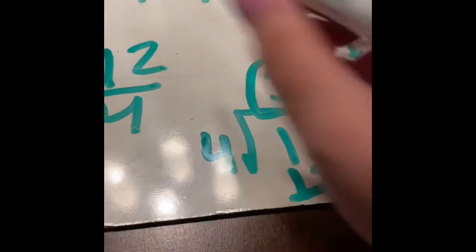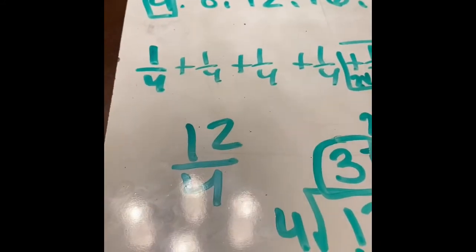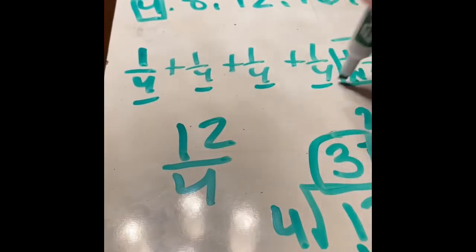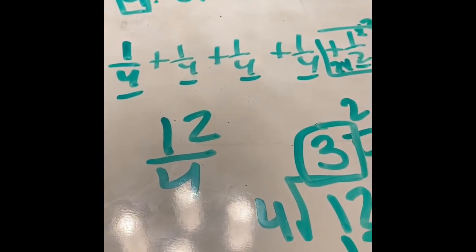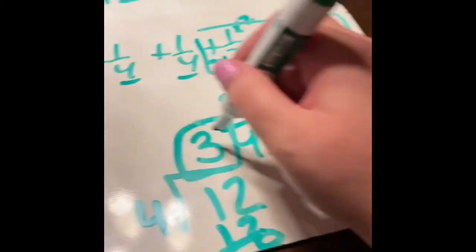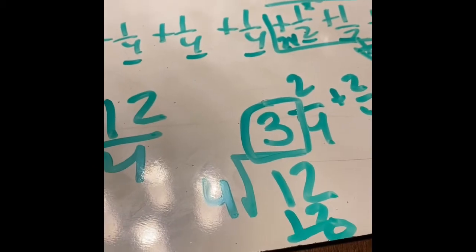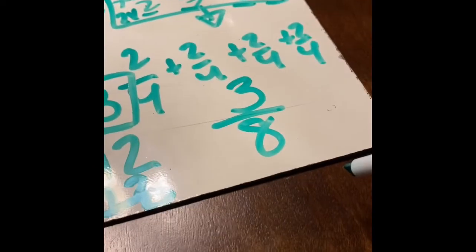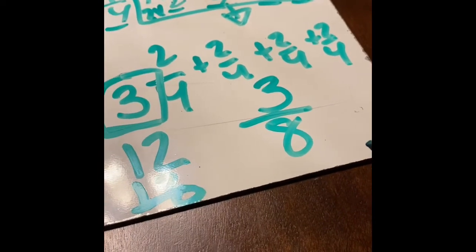Now I need to go back and count how many fractions I have. So I have 1, 2, 3, 4, 5, 6, 7, 8. I have 8 fractions. So I'm going to take my whole number and put it over 8 because that's how many fractions I had.